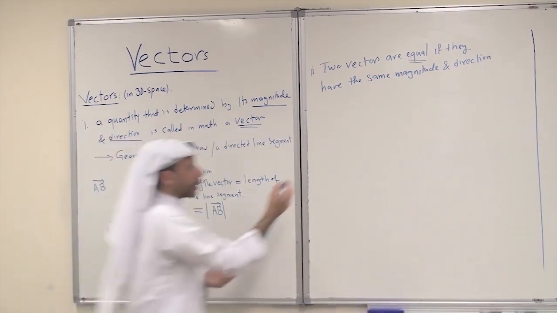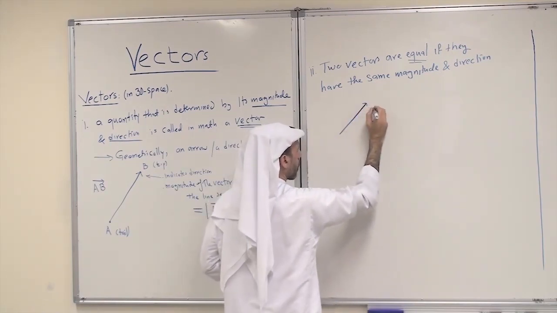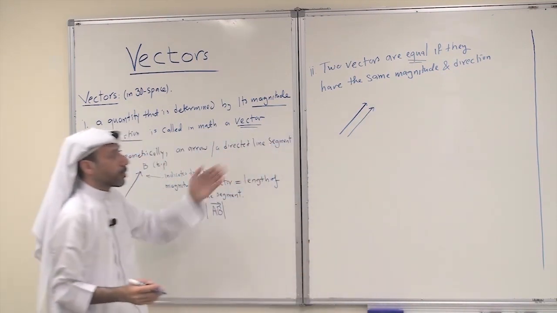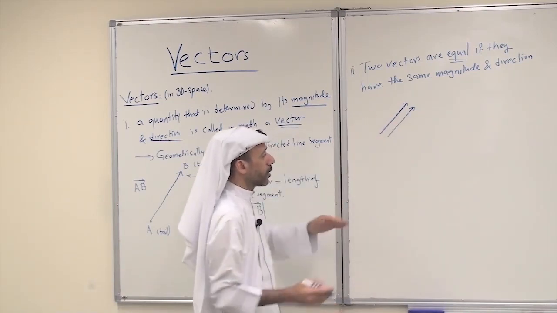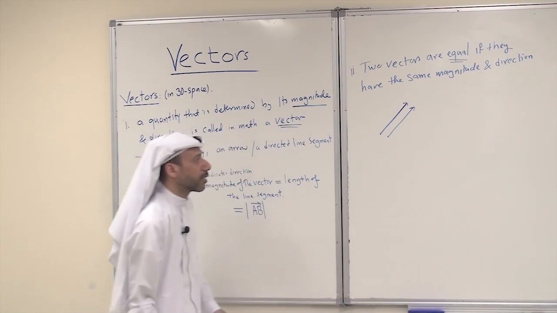So for example, if I take this vector here, this line segment, and this vector here, the two vectors are equal. They have the same direction, pointing toward the same thing, and they have the same length, the same magnitude.